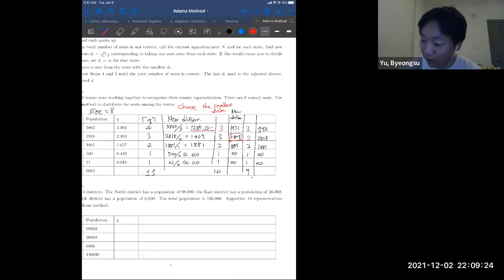So now the smallest divisor occurs at 18081. Finally, we get rid of one seat from that town to get 3, 2, 1, 1, 1, which totals 8. So that is the final apportionment. Right? Does it make sense?